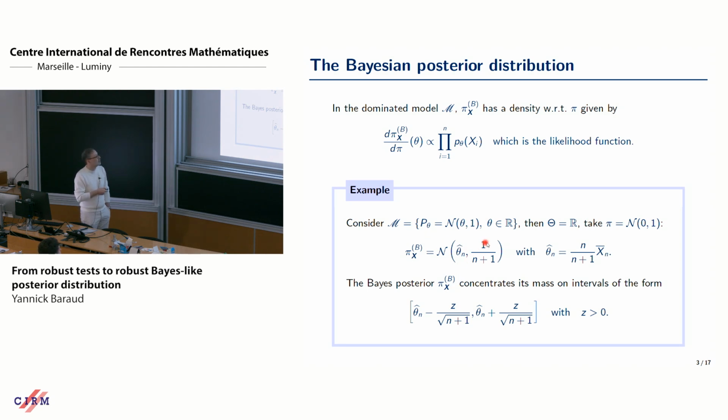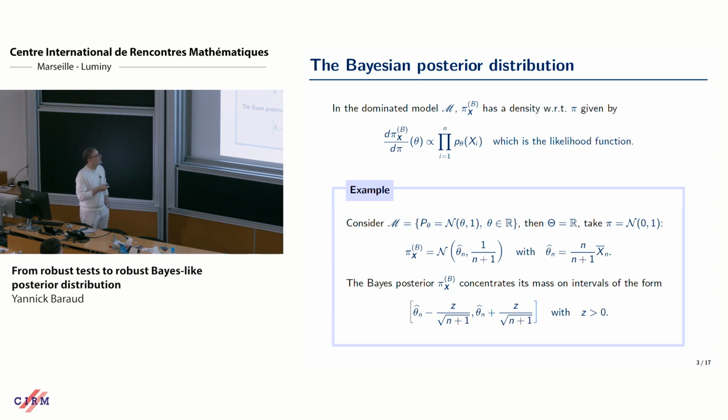It has a variance which is 1 over n, and it is centered at an estimator which is proportional to the maximum likelihood, xn bar, in this model. So you can deduce from that that the posterior distribution will concentrate most of its mass on an interval which is centered at this estimator here, and the length of the interval will be proportional to 1 over square root of n, basically.